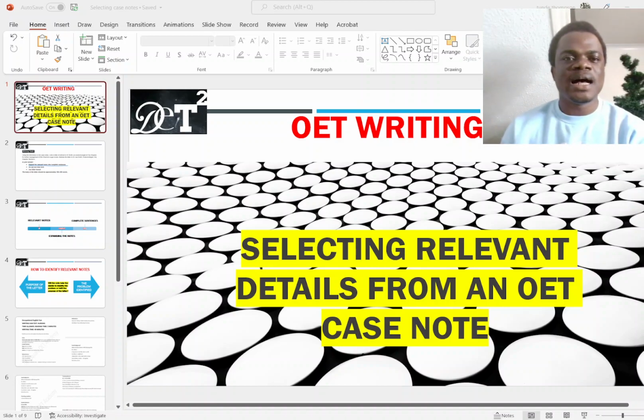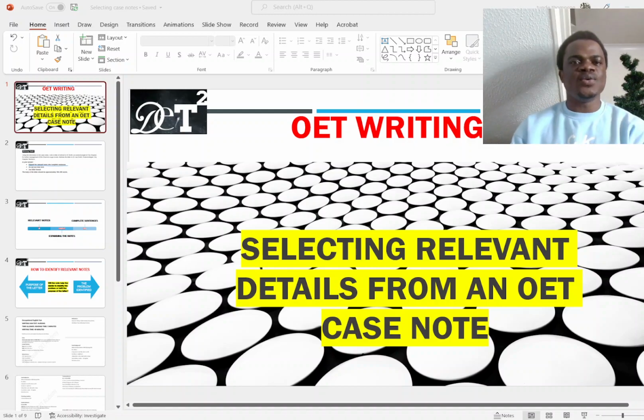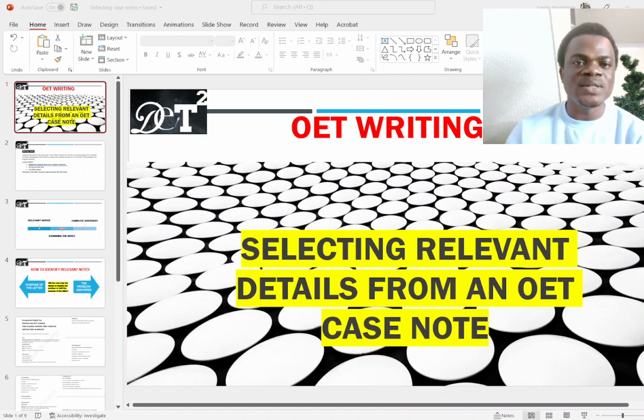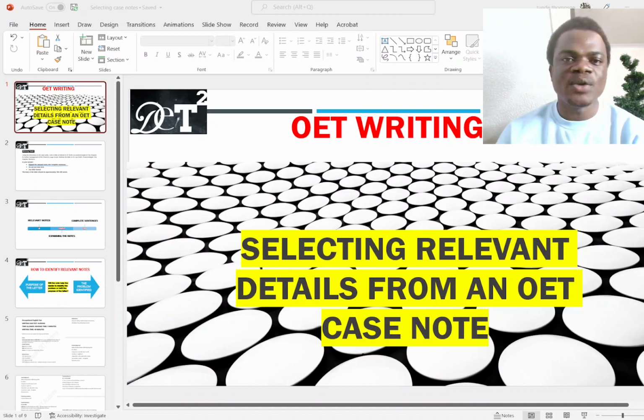Today I'll be walking you through how you can select important gist in any case note that you are given, because some students really find it very difficult to decide which information to include in their letter writing and which to exclude.